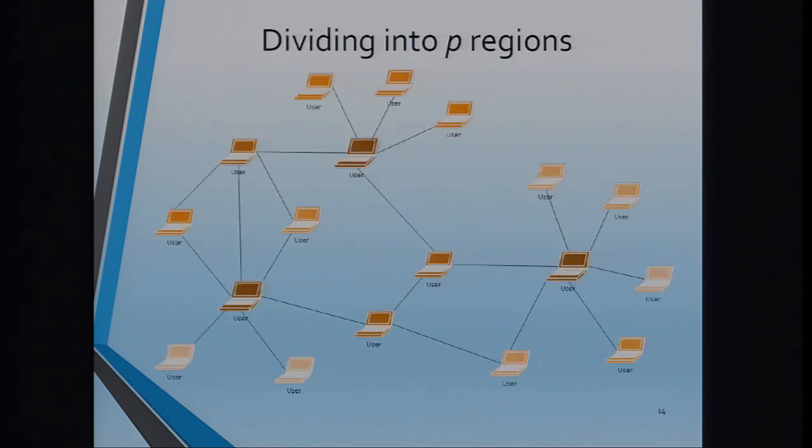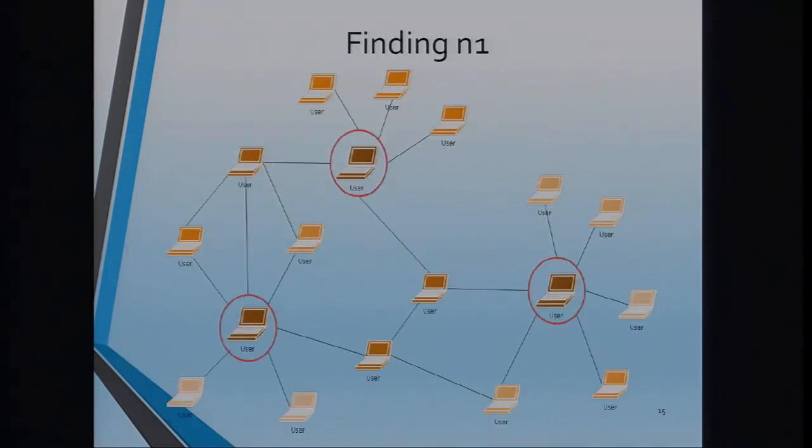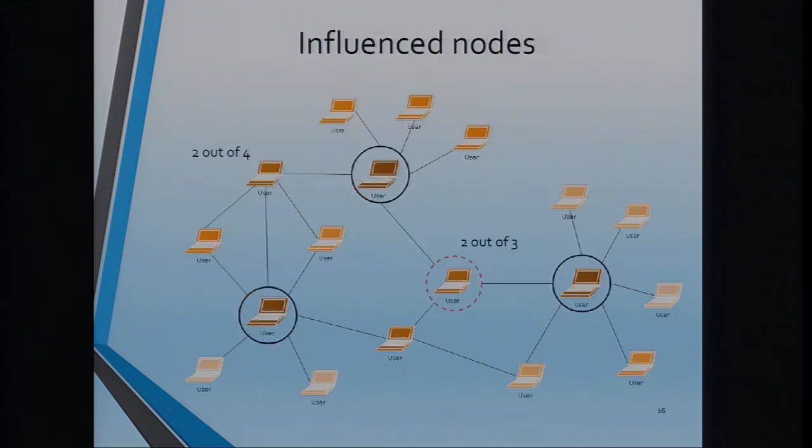Here the intensity of color shows the degree of the nodes. So first we will find N1 users in the range who will influence most of their friends. While considering this non-monotonic function, based on that we will choose particular users who have a smaller number of friends who have opted for that product.